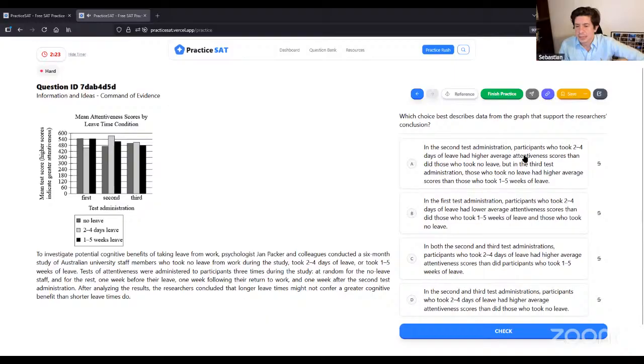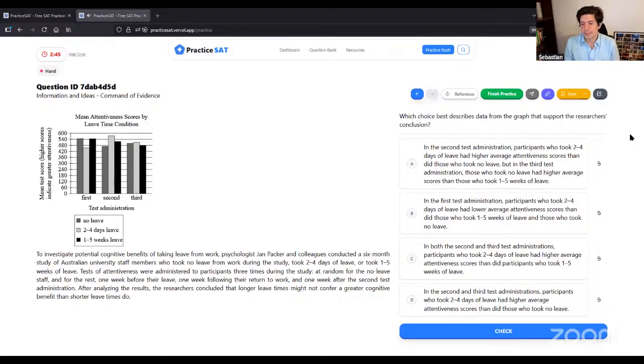A, in the second test administration, participants who took 2 to 4 days of leave had higher average attentiveness scores than did those who took no leave, but in the third test administration, those who took no leave had higher average scores than those who took 1 to 5 weeks of leave.